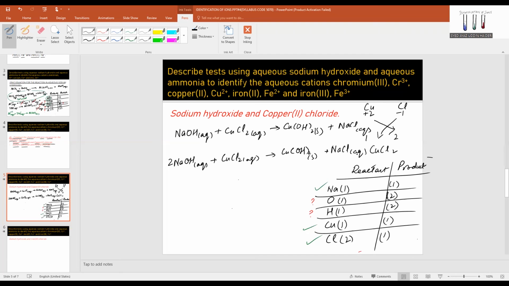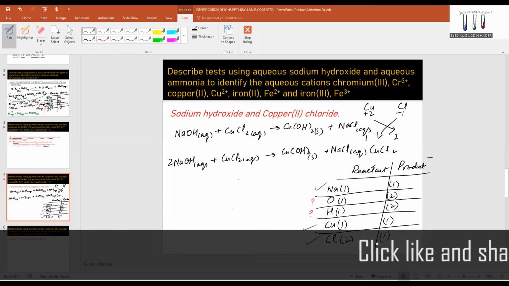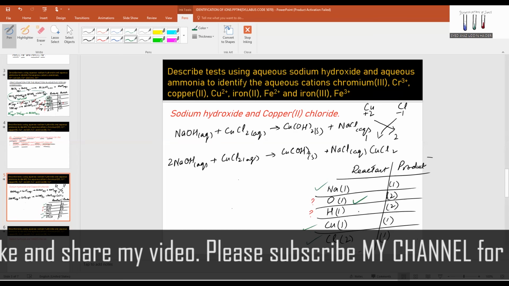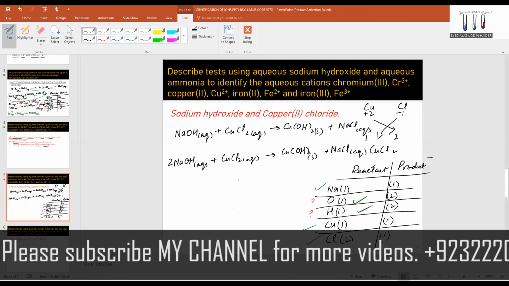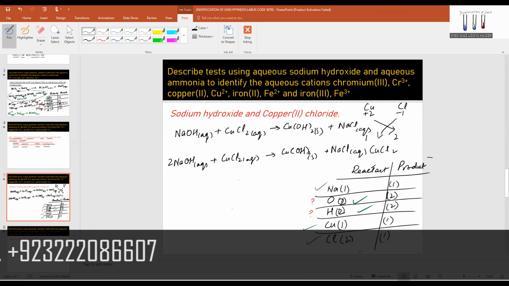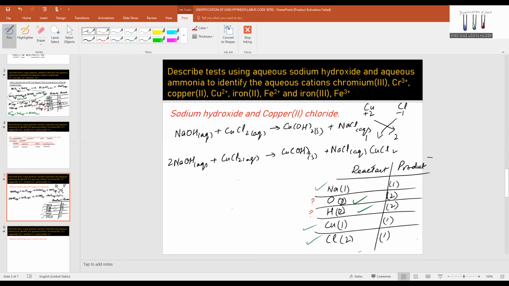Now sodium becomes unbalanced on the product side. These two will be balanced now: 2 on the reactant side, and sodium will be 2, so it will be unbalanced on the product side.